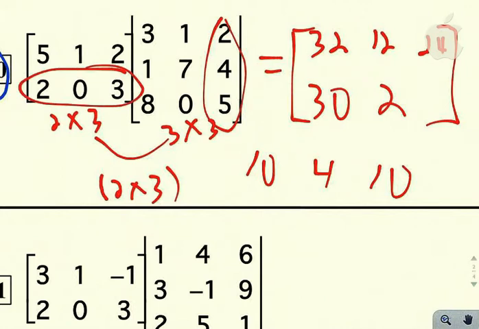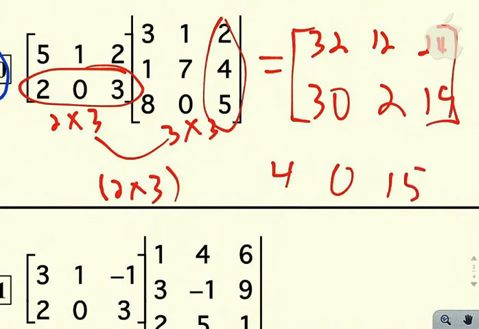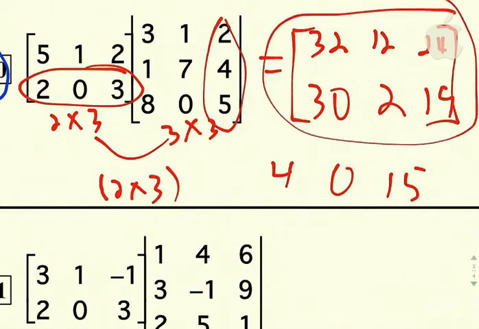Now the bottom row times the third column. First numbers, 4, second 0, third 15, add them up, you get 19. This then is our answer.